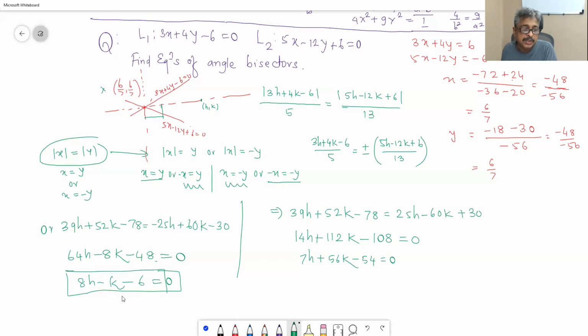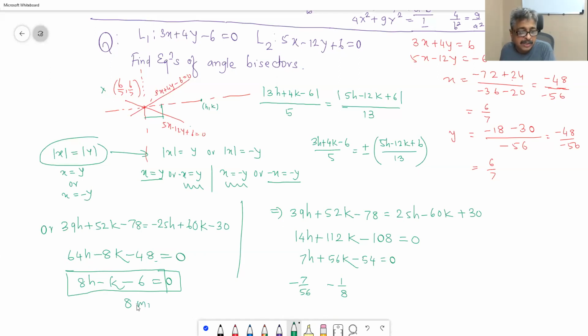What is the slope of this line? Okay, now replacing, this is a locus problem. Replacing h by x and k by y, we get the desired locus. So this is one locus of point which is equidistant from these two lines. This is another locus of point which is equidistant from these two lines. Now slope of this line is 8. And slope of this line is minus 7 by 56, which is minus 1 upon 8. Correct.